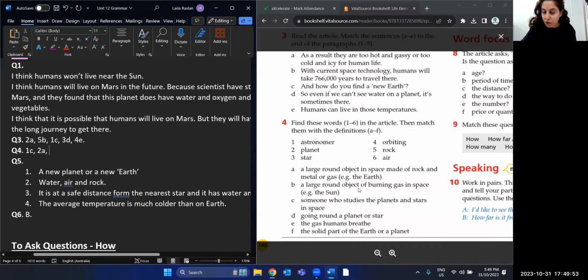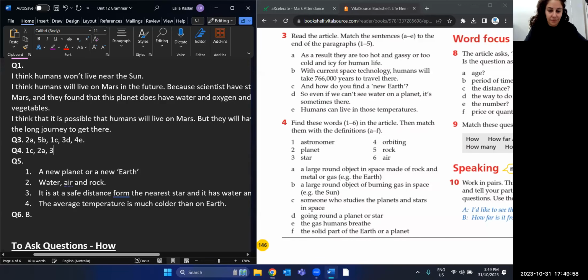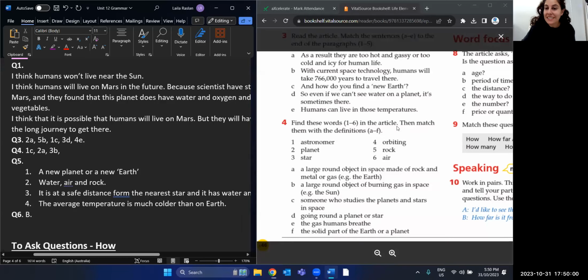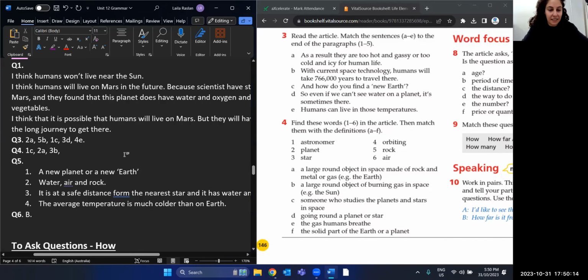B, a large round object of burning gas in space. Yeah. What is it's an ing, so it's an action verb, orbiting. What does this action mean, to orbit, orbiting? Going around a planet or star. D. Yeah, so if you orbit something, you go around it.